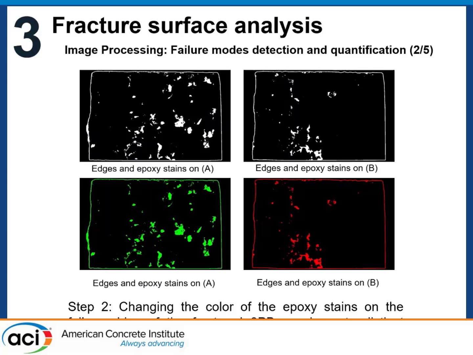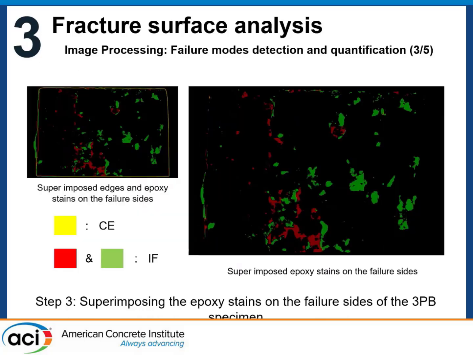For one of the faces, it assigns the epoxy stains a green color, and the other side of the fracture assigns those epoxy stains a red color. And by making this really clear difference in coloration, you can have an algorithm that can very quickly analyze what is happening to these two surfaces and combine them.